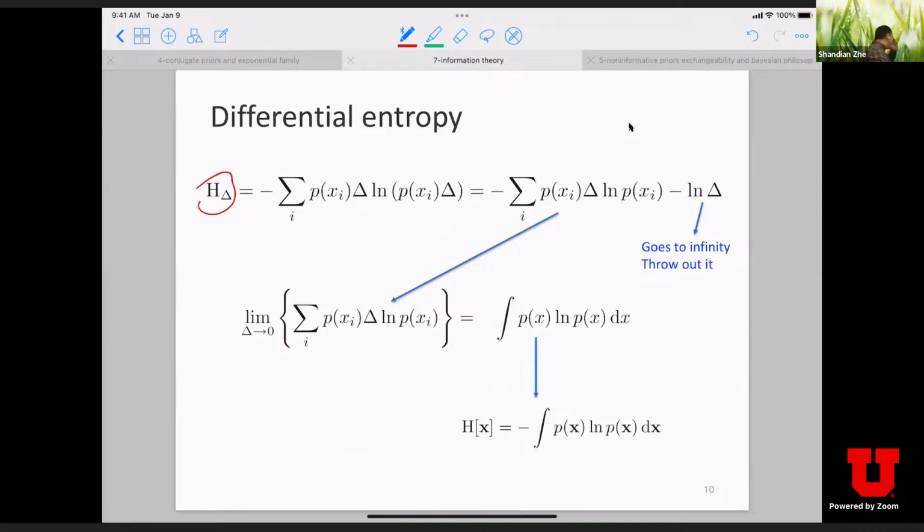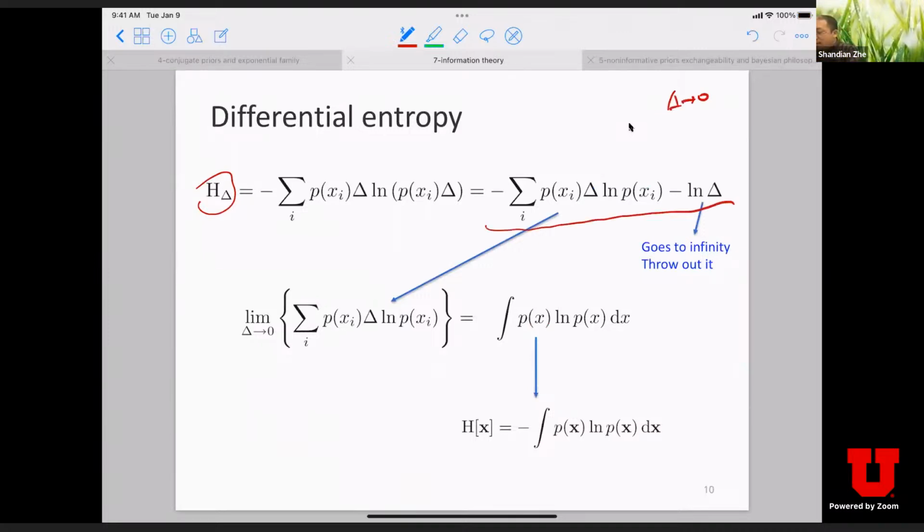The discretized version of X with respect to delta is a rough approximation of the entropy of X, and only when delta goes to 0 is the discretized version equivalent to the original continuous X. So naturally we want to ask, what if delta goes to 0? What happens here?